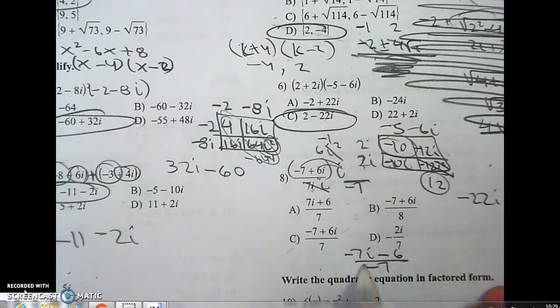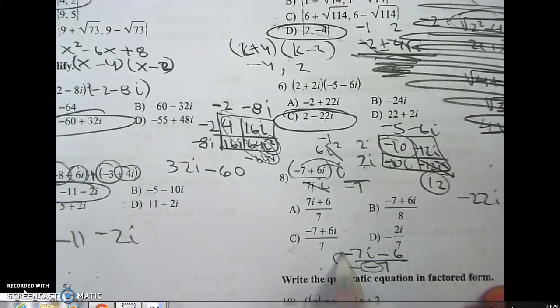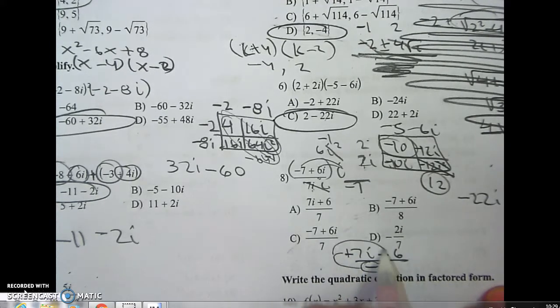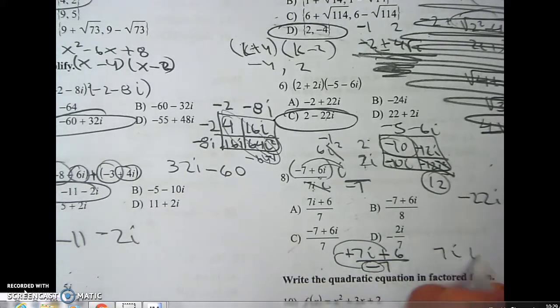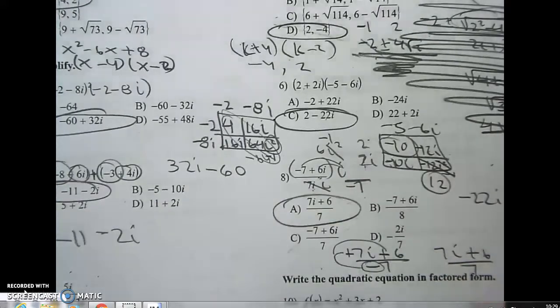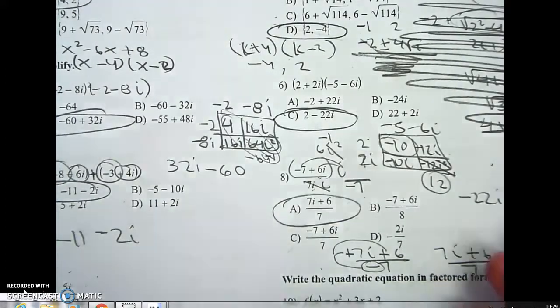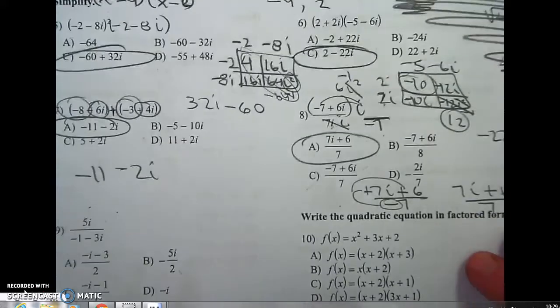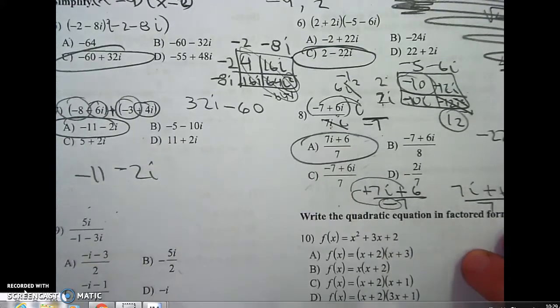If you remember, you can't have a negative in the denominator, so you distribute it to the top. Change. Distribute it to the top. Change. 7i plus 6 over 7. The answer is A.